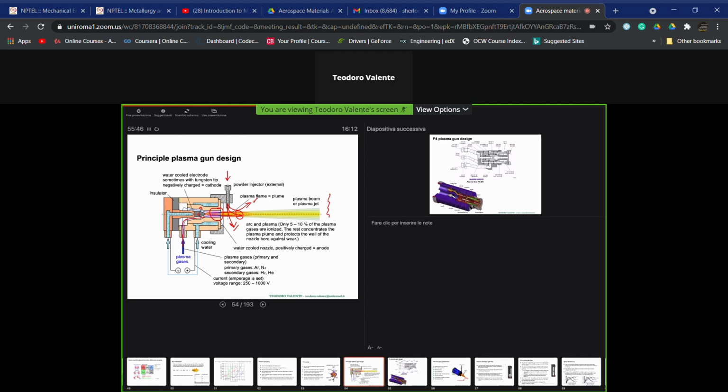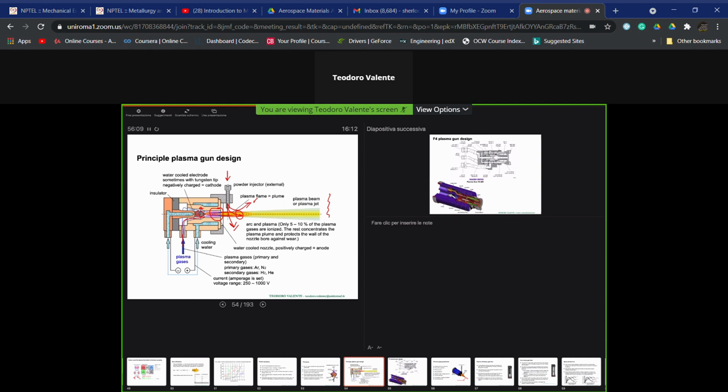Then what you see here, if this is the anode, and this gray part is the cathode, first of all, we do have to establish inside the torch an insulation between the two electrodes, otherwise it doesn't work.